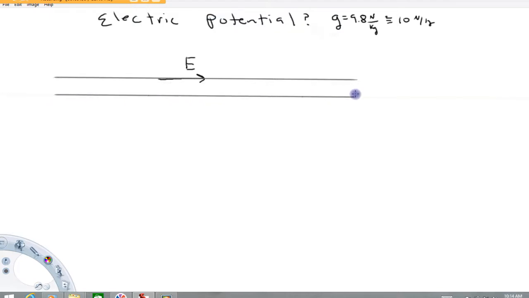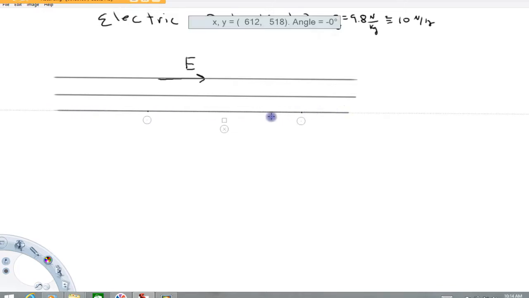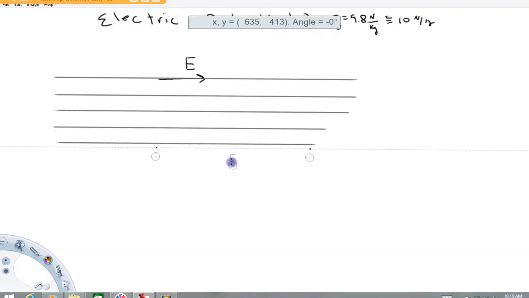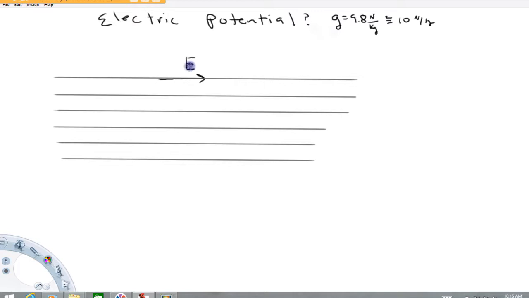So hopefully you've seen my video on electric field lines. These are just ways of visualizing electric fields. If the electric field is uniform, the spacing would stay constant. All right, so we're going to imagine this region in space where we have this uniform electric field. Now, the value of it doesn't matter.